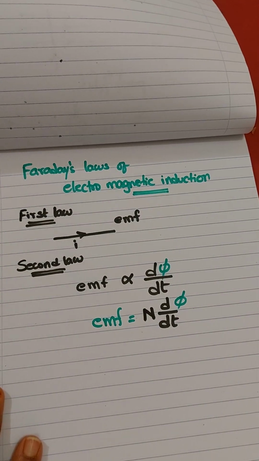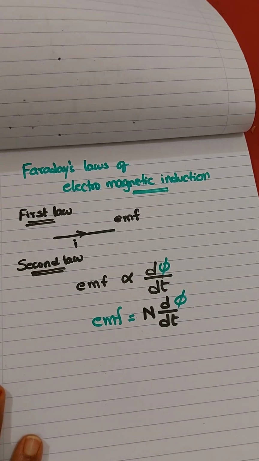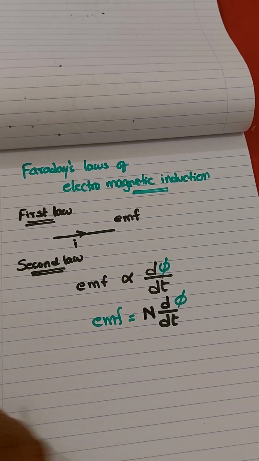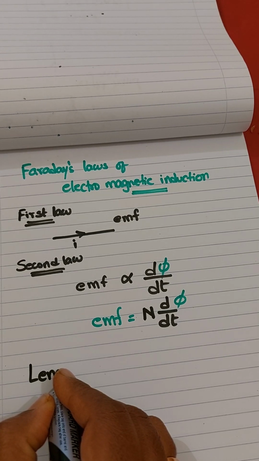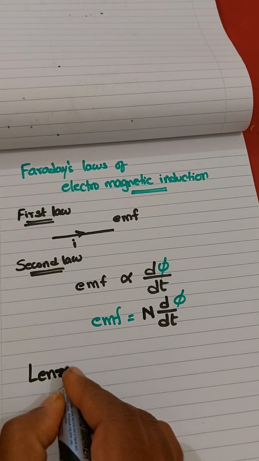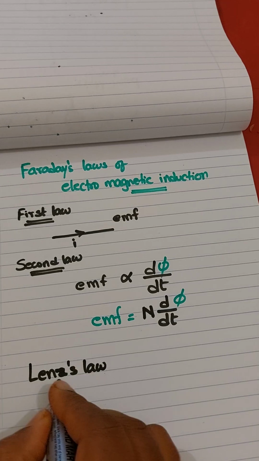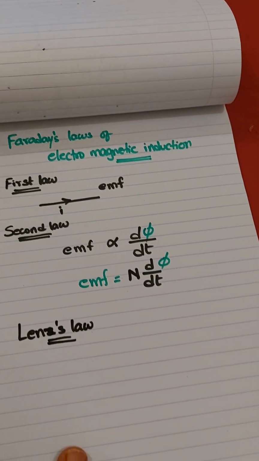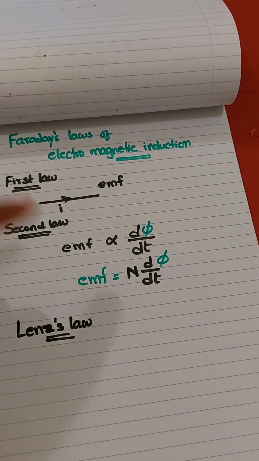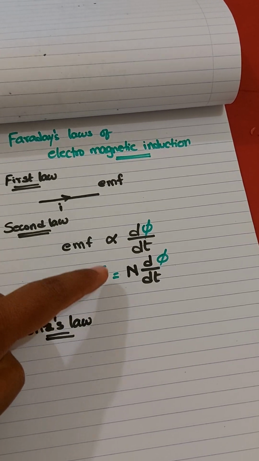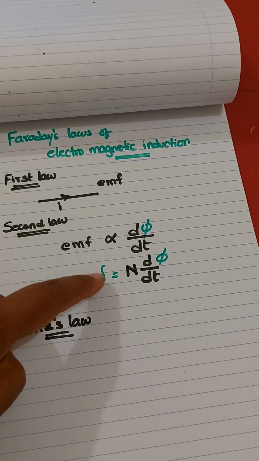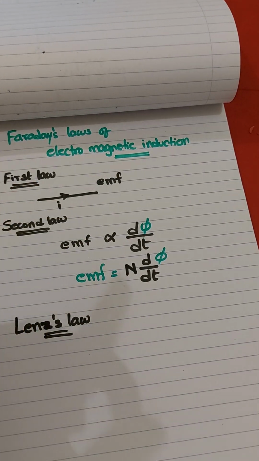Okay, so here we are talking about Lenz's law. The other concept we are talking about is Lenz's law. What is this law stating? This law states that the direction of this induced EMF is such that the current produced by it sets up a magnetic field opposing the motion of charge.